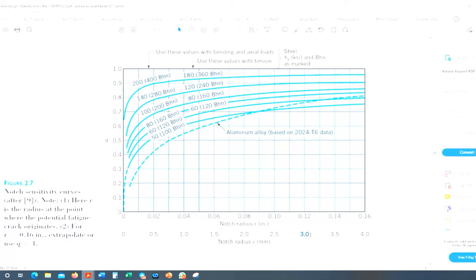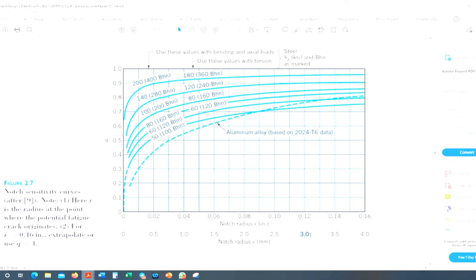And the material properties, ultimate strength for the materials for bending, which is in KSI.